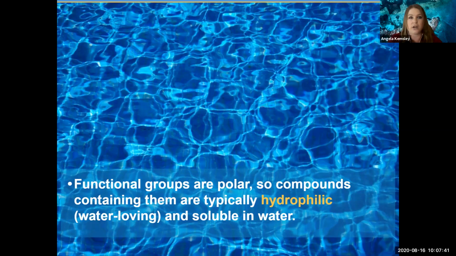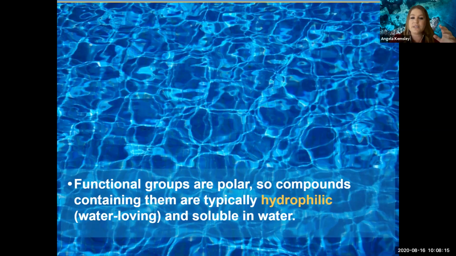So think back to water. Water was a polar compound, where oxygen is so much bigger and stronger than hydrogen that it can pull the electrons closer to it. So if you're looking at a water molecule, the side where the oxygen is pulls the negatively charged electrons closer, so the side with the oxygen is slightly negative, where the side with the hydrogens is slightly positive. That was a polar molecule, where one side has a slight negative charge, one side has a slight positive charge.